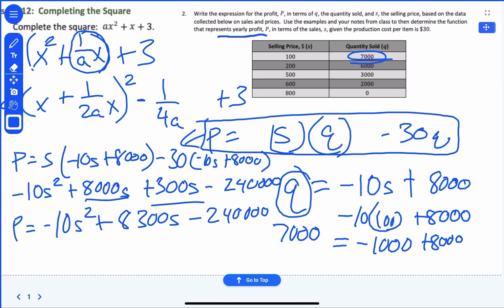Yearly profit. Okay. So this all depends on S. And what is S? The selling price. So we're going to figure out how much profit we're going to make based on the selling price. Now, do you find that to be something that may be valuable in your life?